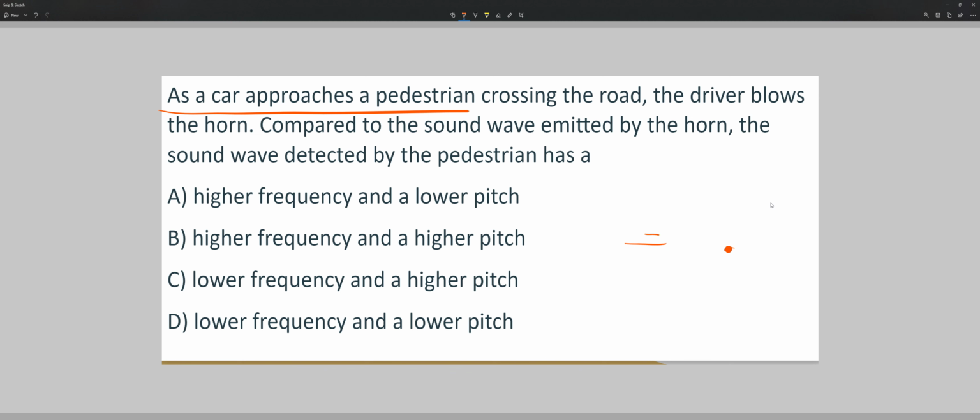The sound source is moving towards the pedestrian, so you have a higher frequency and a lower wavelength. We know that frequency is related to pitch, so a high frequency means a high pitch. All right, so the answer here is B.